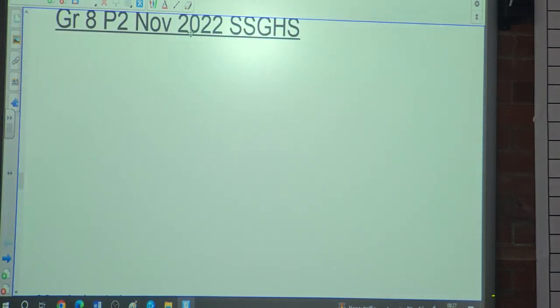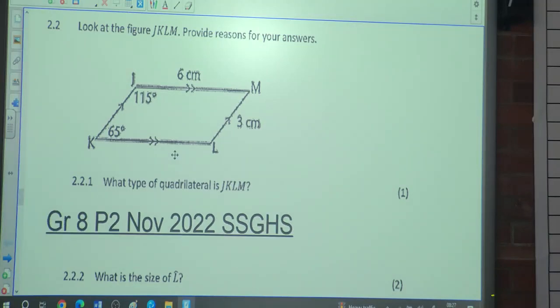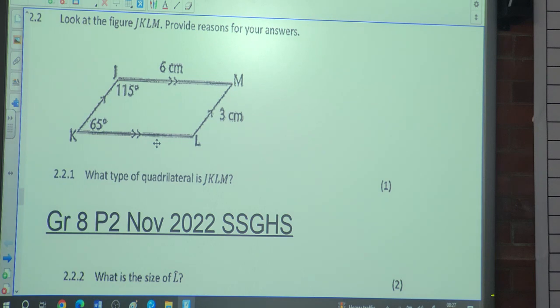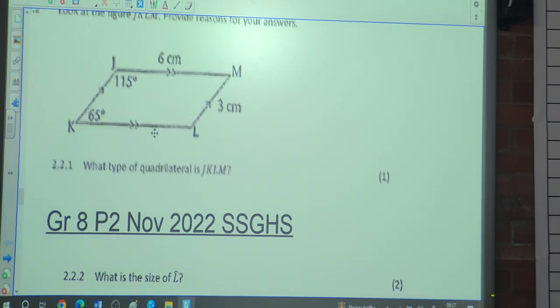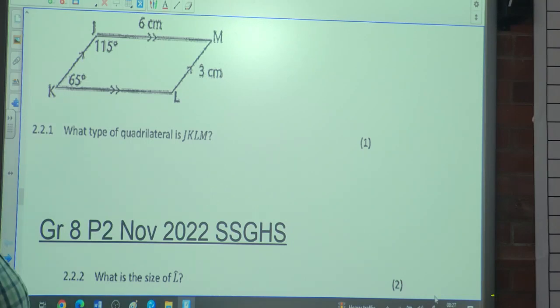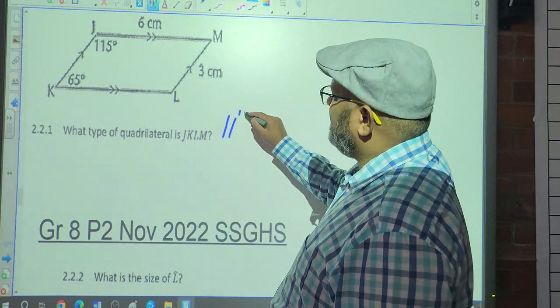Alright, let's go. 2.2. Look at the figure JKLM. Provide the reasons for your answer. What type of quadrilateral is JKLM? It's a parallelogram. Why?